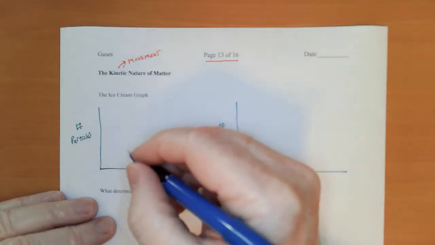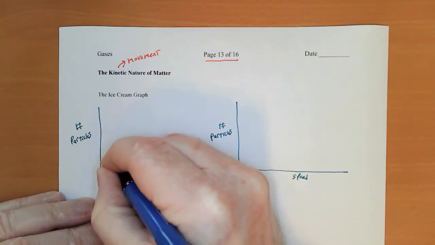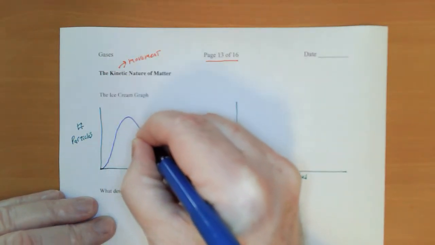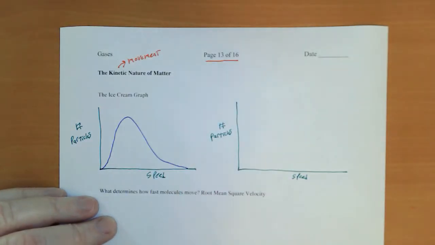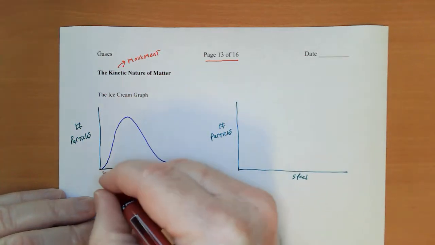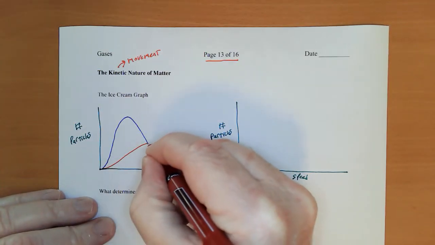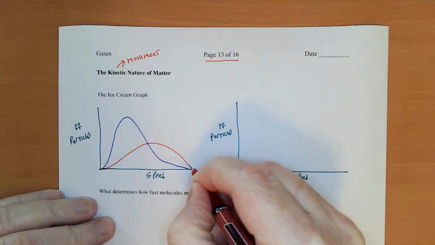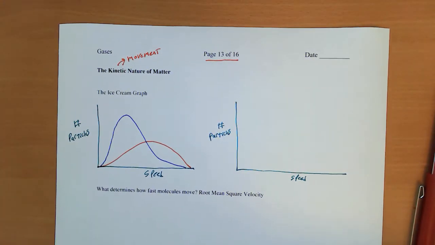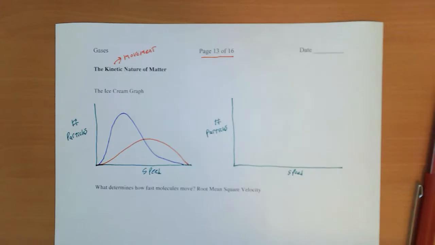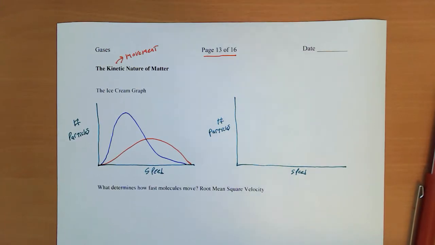Okay? So let's imagine, first I'm going to draw a curve that looks like that in blue. Then I'm going to draw a curve in red. Now, the area under both of these curves represents the same number of particles.